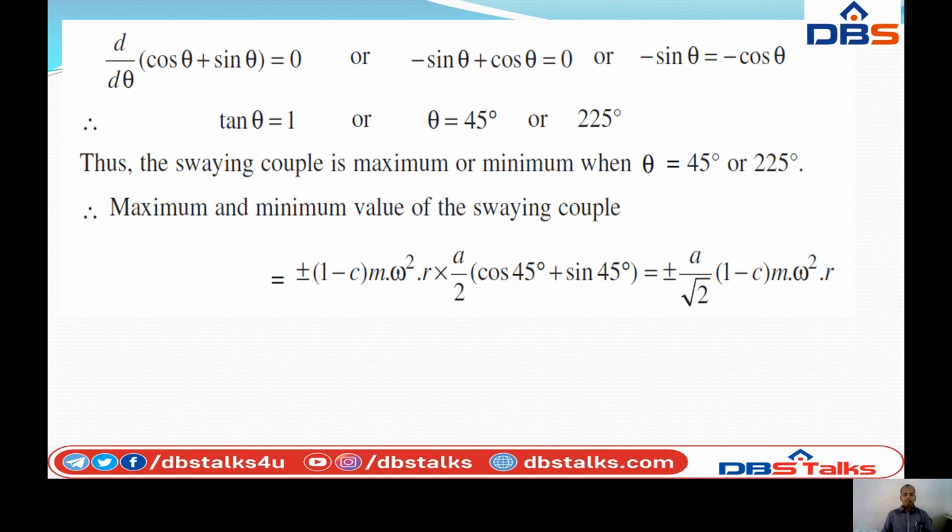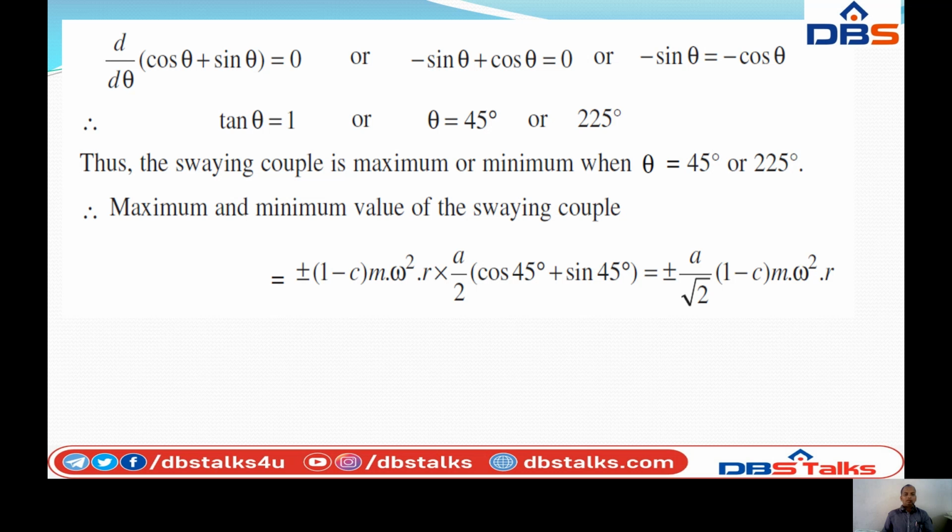Here, in order to take up these values, there is a slight variation. For tractive force, root 2 is multiplied with 1 minus c into m omega square r. But in the swaying couple, it is divided by root 2.